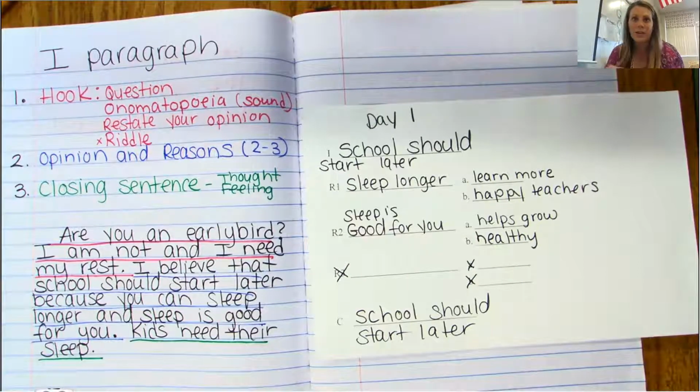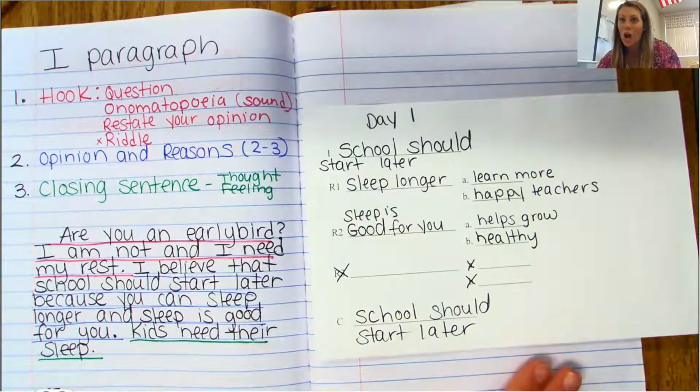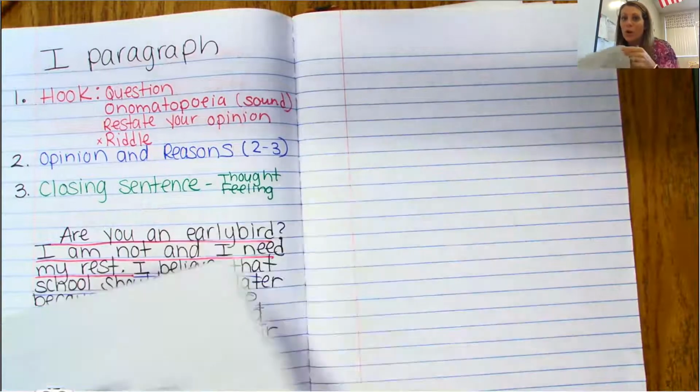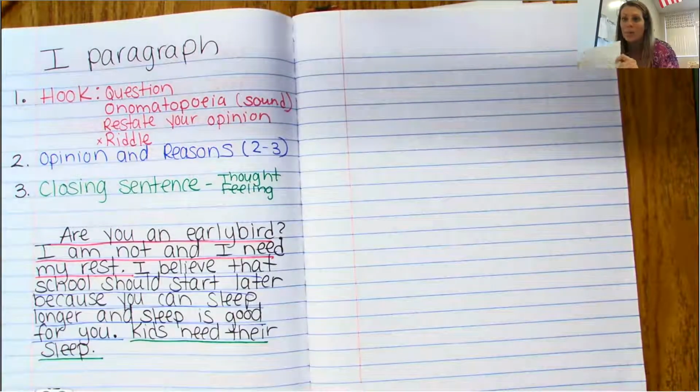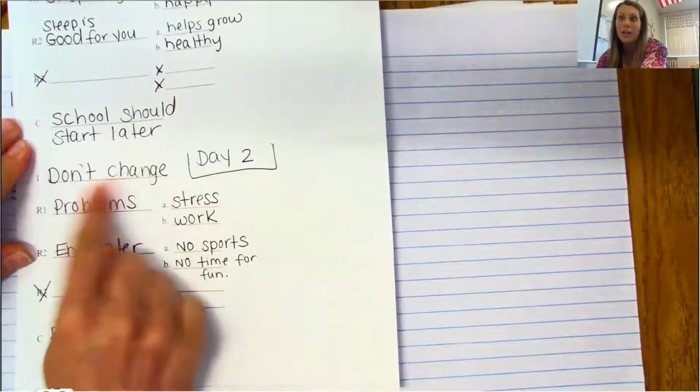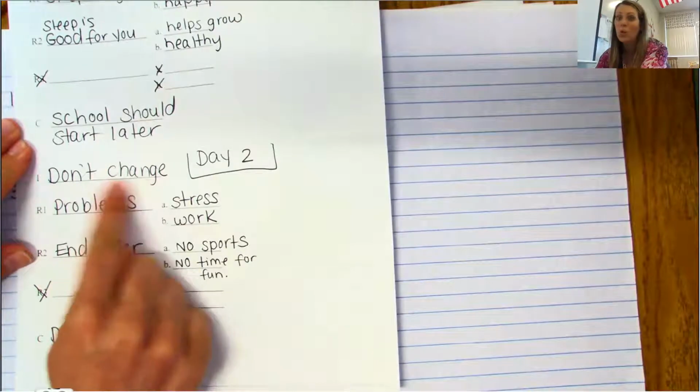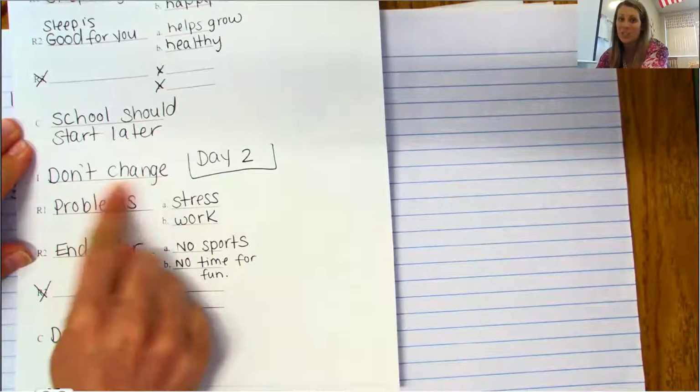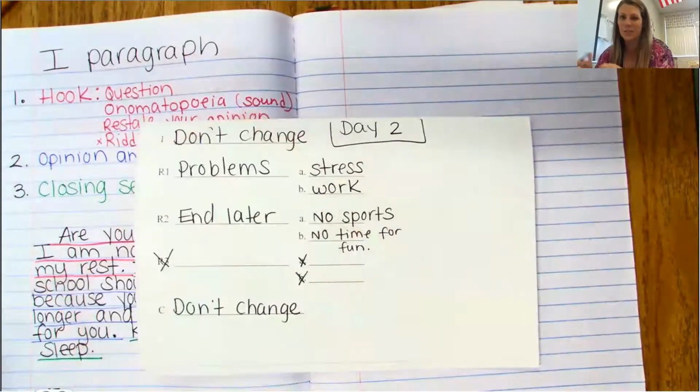Now, here is your assignment. On the next page of your writer's notebook, you are going to write your own I paragraph. You are going to write your I paragraph on school not changing. So let's add to this so that it helps us a little bit.